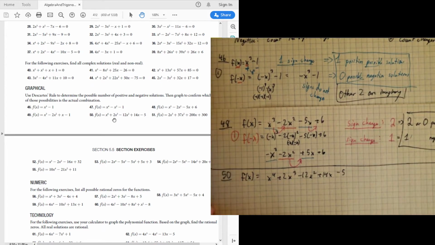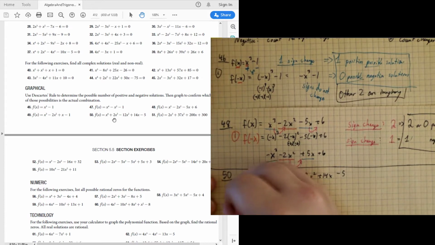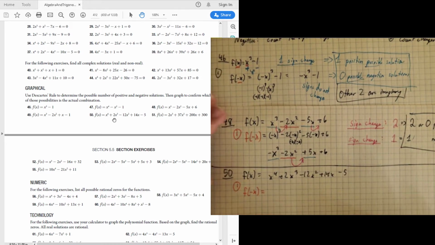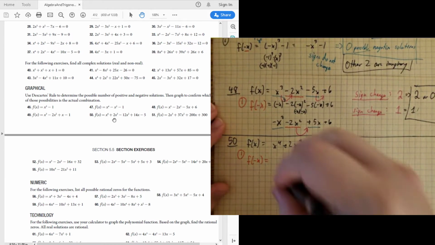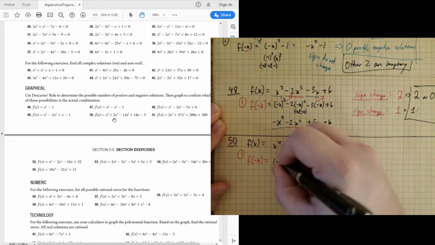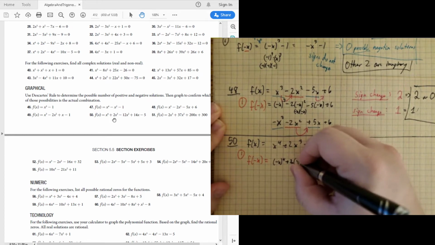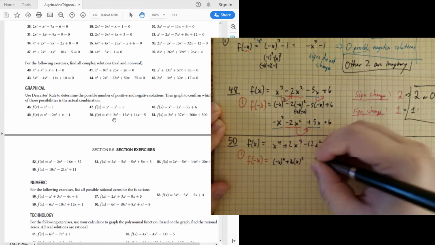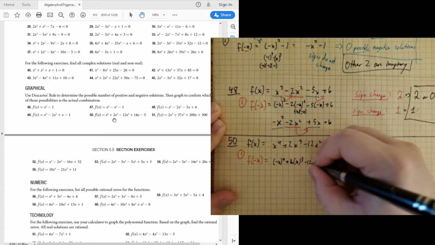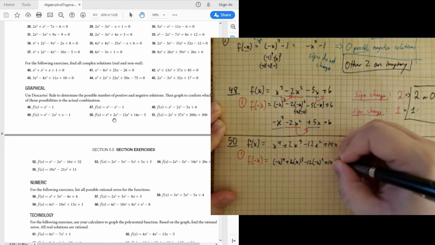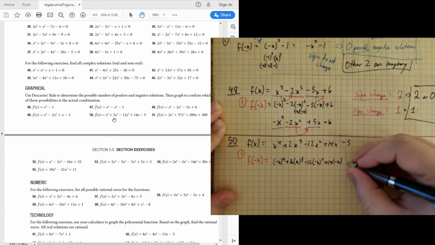Okay, let's make it my first goal to find f of negative x. Well, everywhere there's an x, I replace it with a negative x, so I would do negative x to the fourth plus 2 negative x cubed minus 12 negative x squared plus 14 negative x minus 5.